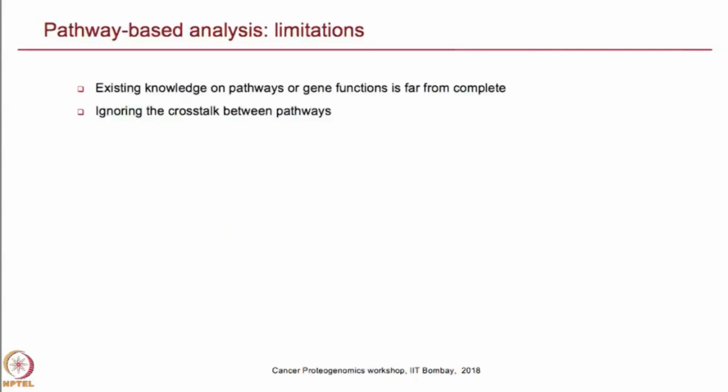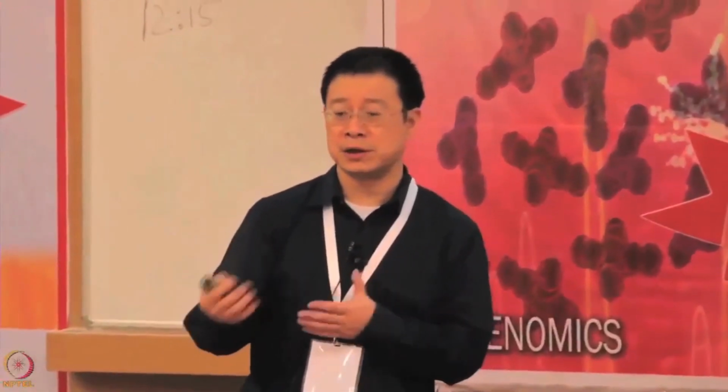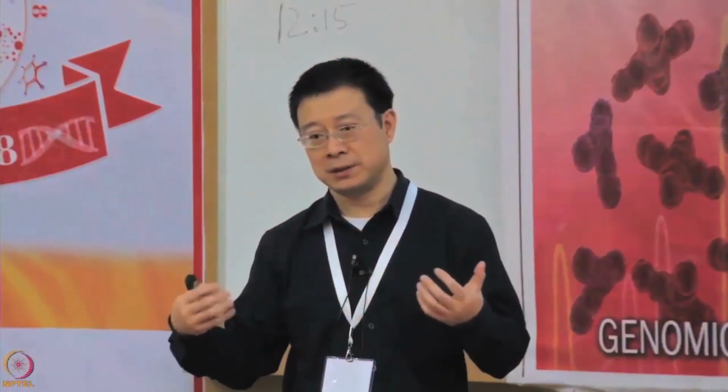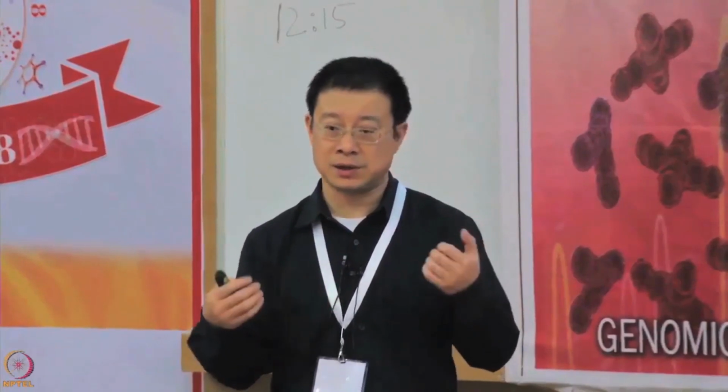This is better in a way than the over-representation analysis, but still there are certain limitations, like it relies on existing knowledge on the pathways and databases. But of course, the knowledge on the pathways and databases and the gene ontology, those annotations are still limited.